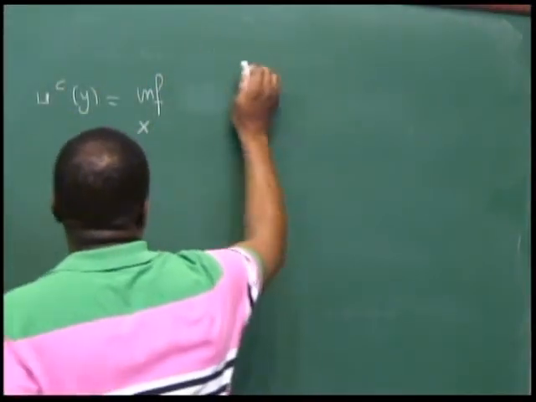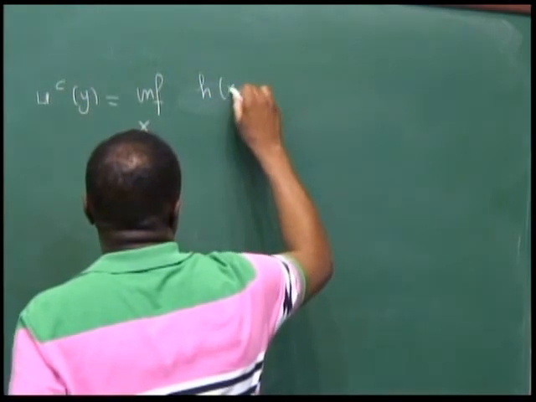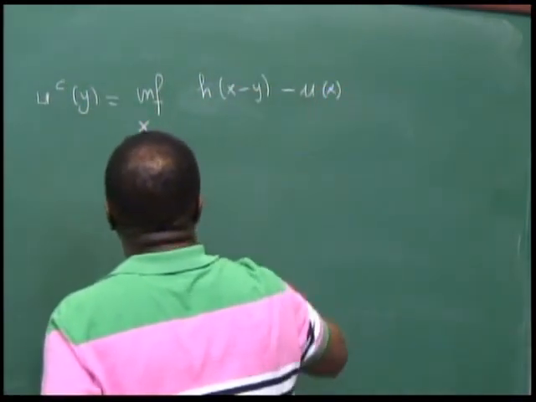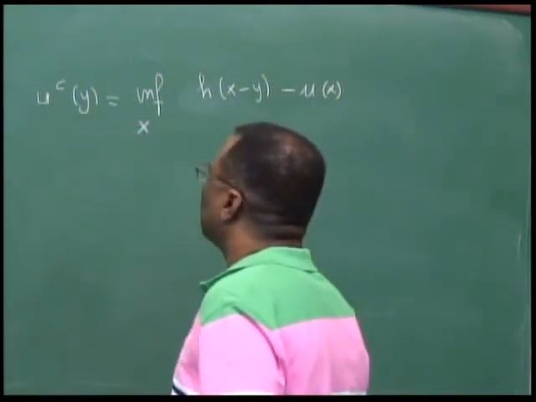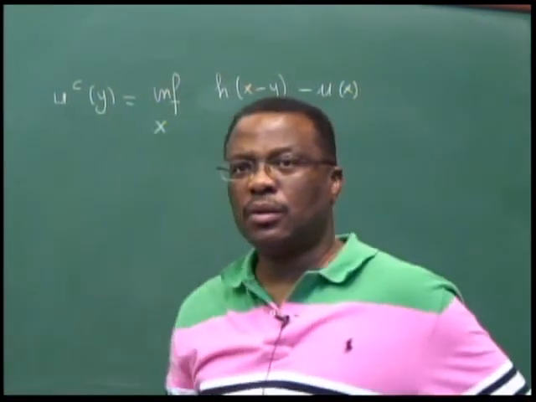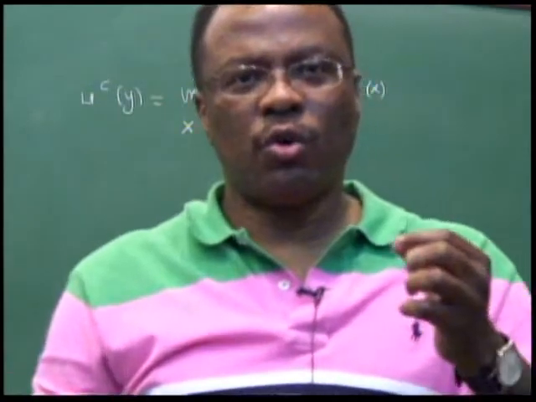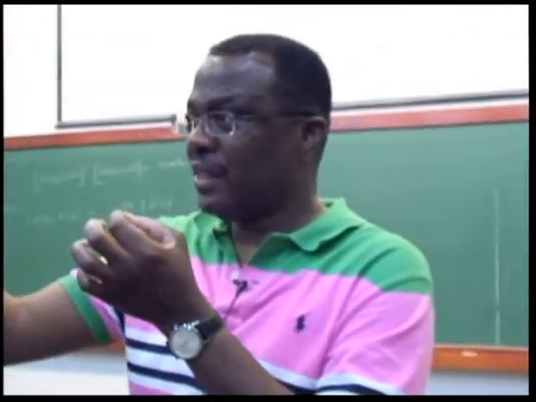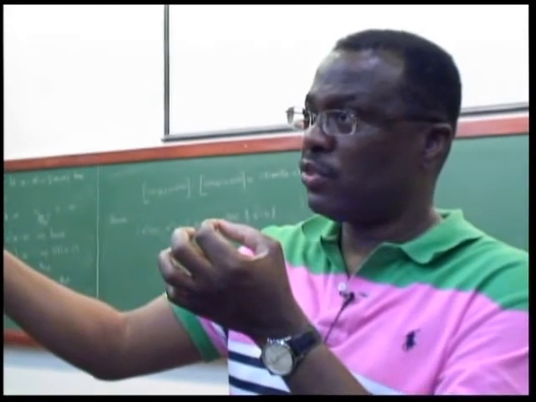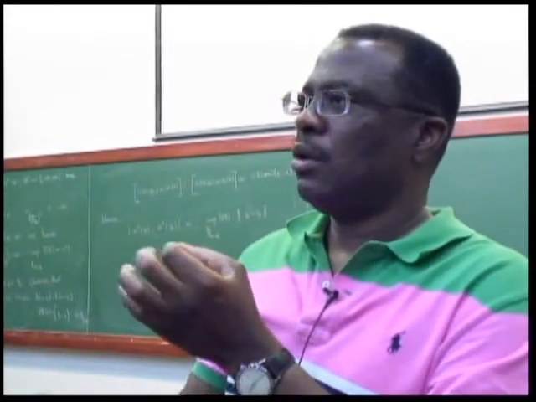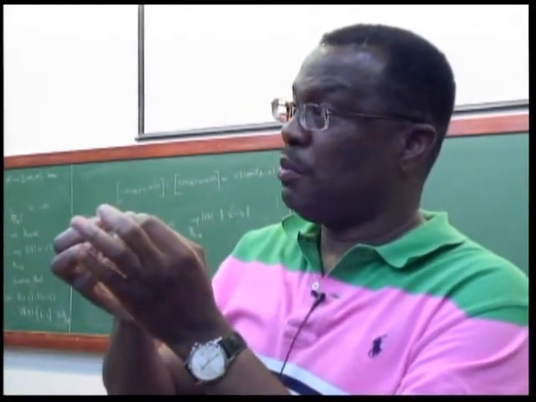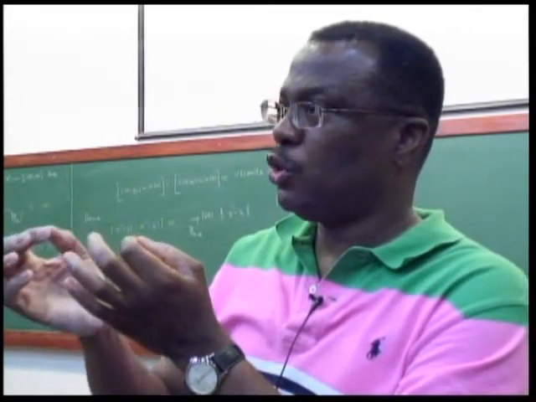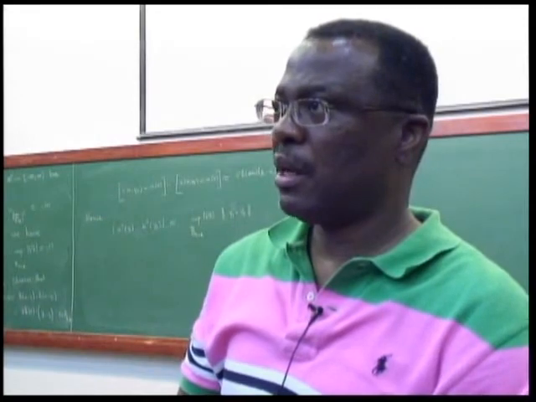So let me write it: h of x minus y minus u of x. So you want to transport mass from x to y using a minimum cost, which means you want to transport mu naught to mu 1. This is equivalent to transporting mu 1 to mu naught using a minimal cost.